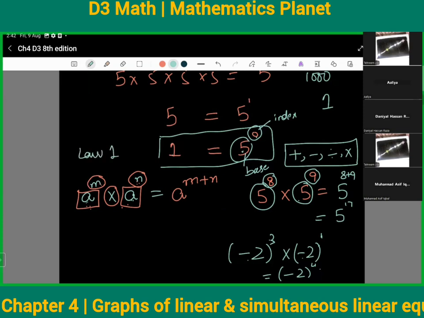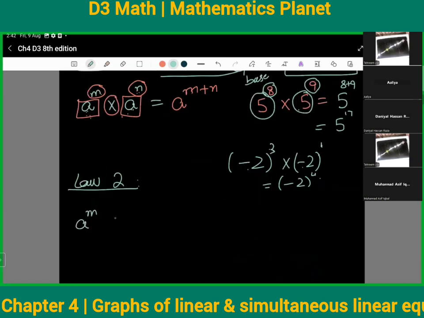Now, what is law number 2? If we have the same base and the powers are different, we can write it by subtracting the powers, like this, a to the power m minus n.